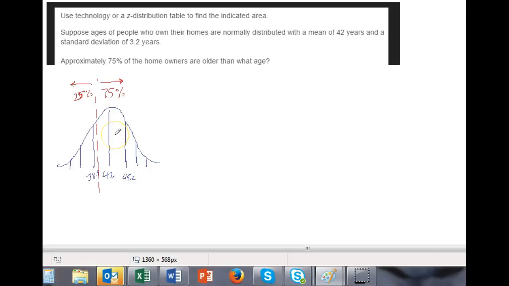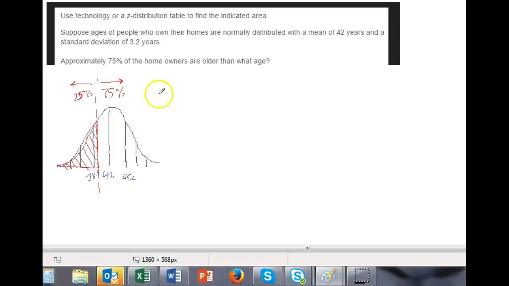Our z-distribution table only tells us what percent are less than a given number. So when we use the z-distribution table, we're going to be figuring out what percent is in the area below our number. We'll talk about what that means in just a minute. Okay, so that shaded region.